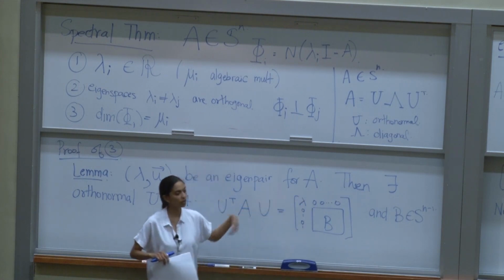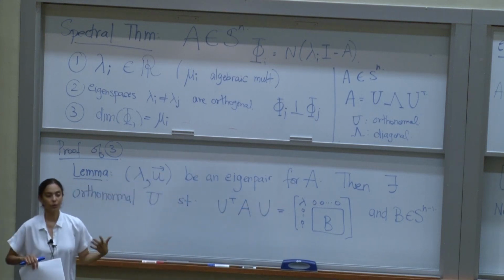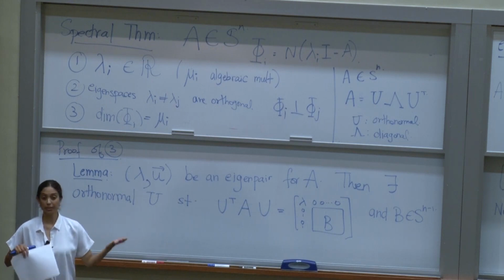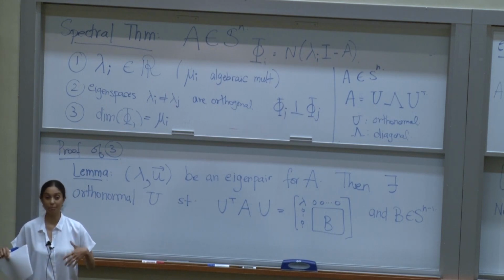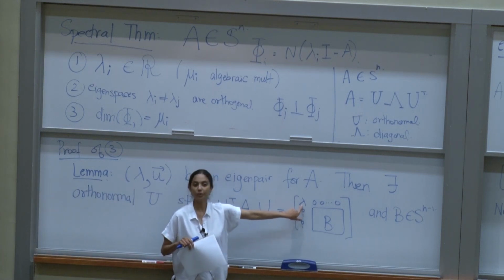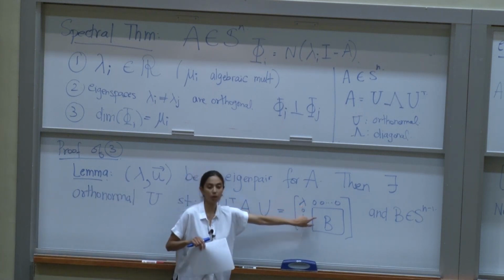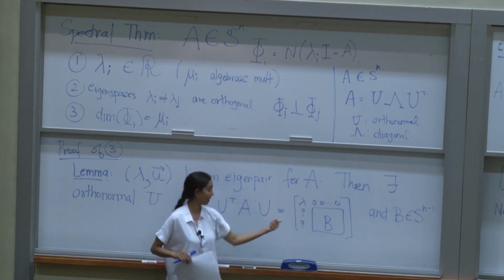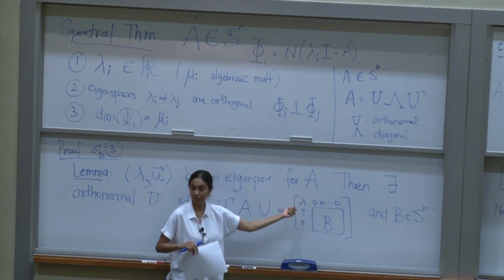So basically, once we have this lemma, if the algebraic multiplicity and geometric multiplicity are equal for B, I can count the multiplicity of lambda. Either it belongs to B, in which case I'm increasing it by 1, but I'm also increasing the dimension by 1.